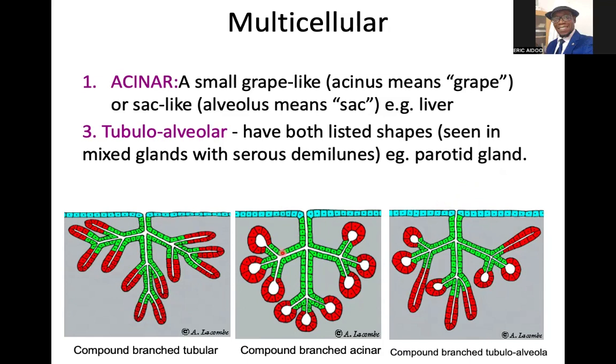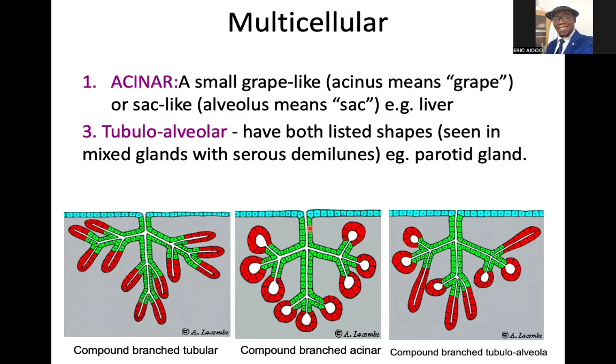So let's go through this one after the other. This is compound branched tubular. Remember, I said that the epithelium that gives rise to the gland will have a duct and a secretory unit. The duct, when it is not branched, is called simple. Once the duct branches, it becomes compound. So you can see that this one, the duct has branched here, branched there, and branched there. So this becomes a compound branched tubular type of gland because the secretory cells are tubular.